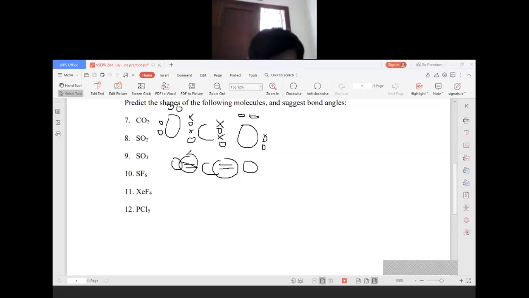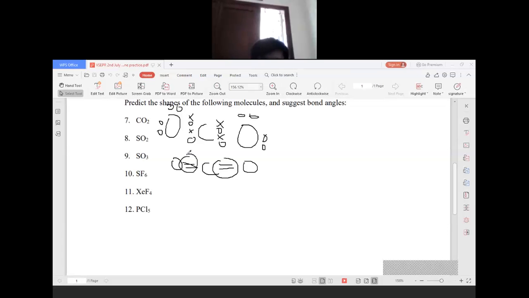As if this carbon dioxide has 2 bond pairs without lone pairs, the angle of the molecule is 180 degrees. The shape is linear.